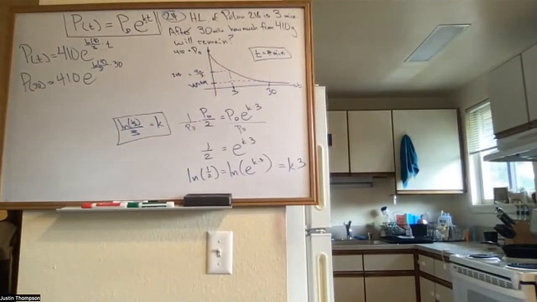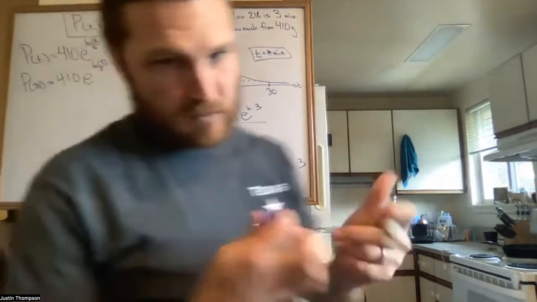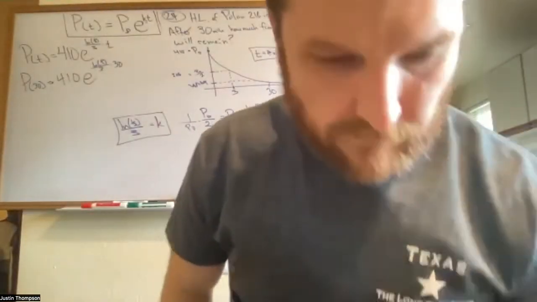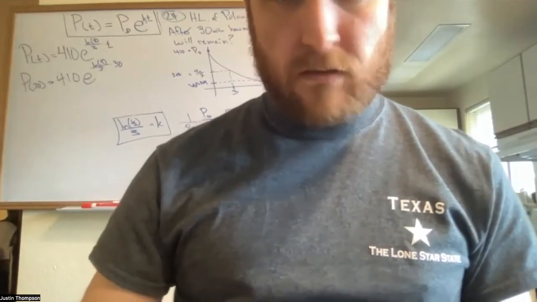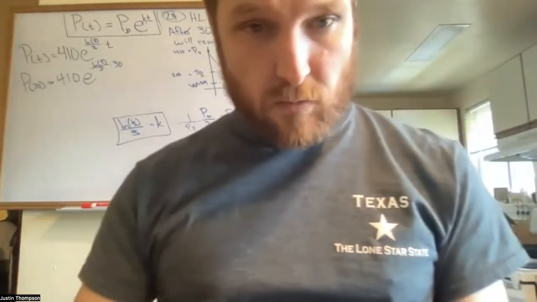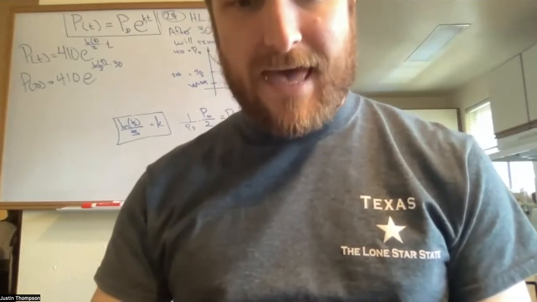So let's do that in the calculator. 410 times e to the natural log of 1/2. And I'm going to use parentheses again to get my entire k in one thing.